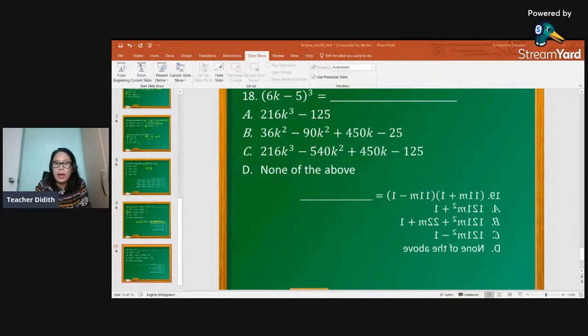Okay? And it's minus 540. So k must be squared and then plus 3 times 6 times the square of negative 5. So this is 25 times 18. So it's 450k minus the cube of 5. So it has to be letter C. Okay, sige.